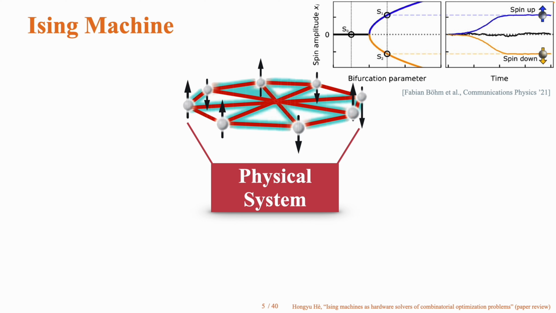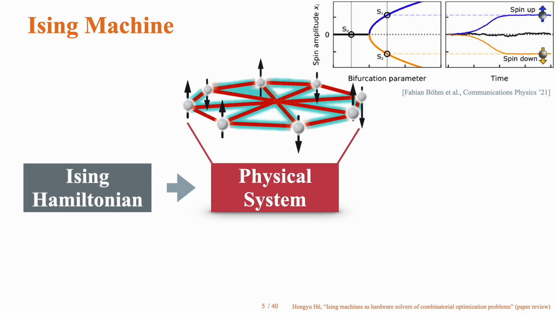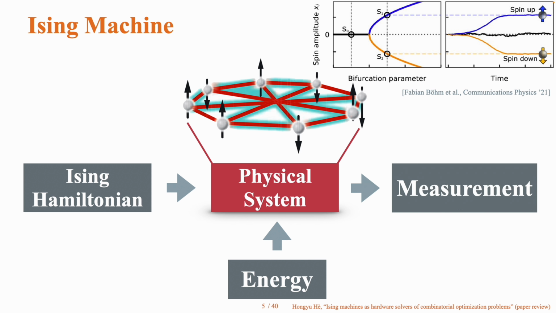In order to solve problems, the Ising machine maps the Ising Hamiltonian onto that physical system and supplies additional energy onto it. Once it reaches a lower or stable energy state, we can take measurement of those spins configuration mapping onto the variables of our problem.